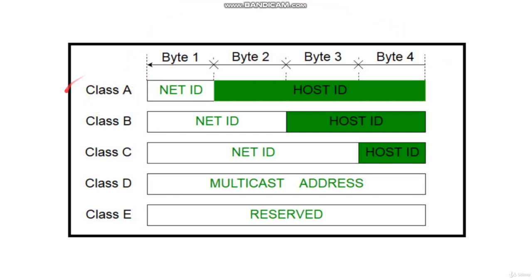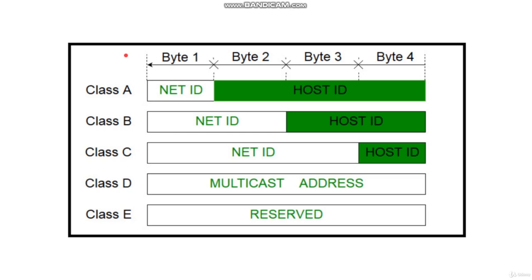This is an important point. For example, in class A, if there are 256 IP addresses available, 2 IP addresses need to be subtracted because those are reserved for special purposes.